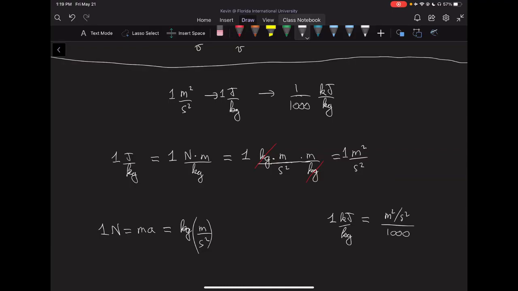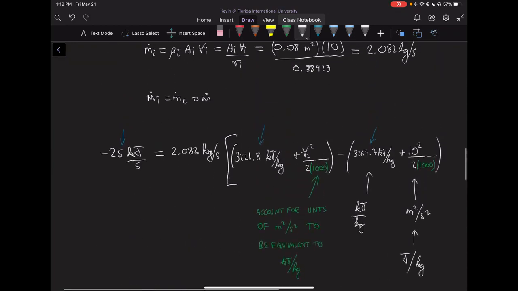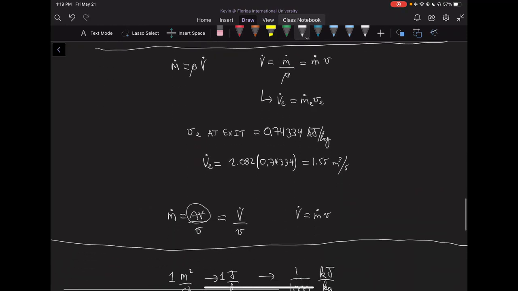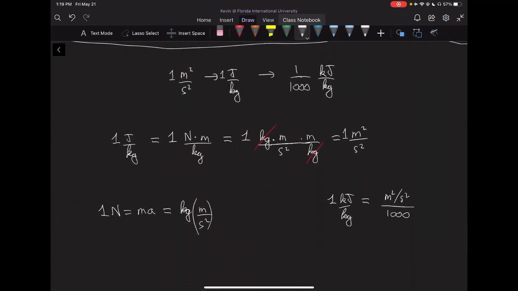So that's why in our above equation, in the problem, in our first law, we divided by 1000, just to give you a little bit more detail on that specific problem. So that concludes part 2 of module 4, and we'll be back in part 3 where we'll discuss turbines and compressors and how they work.